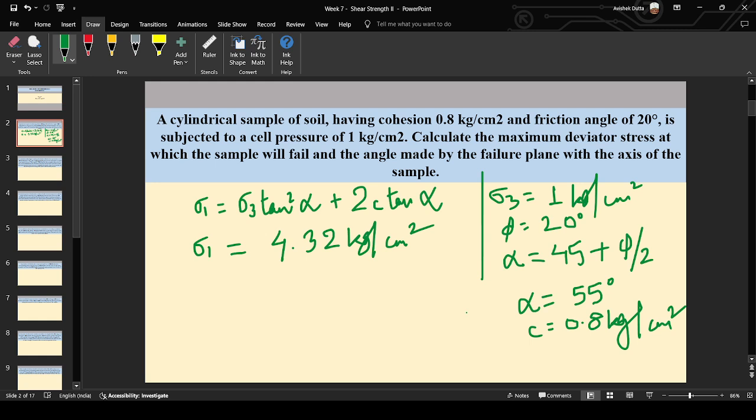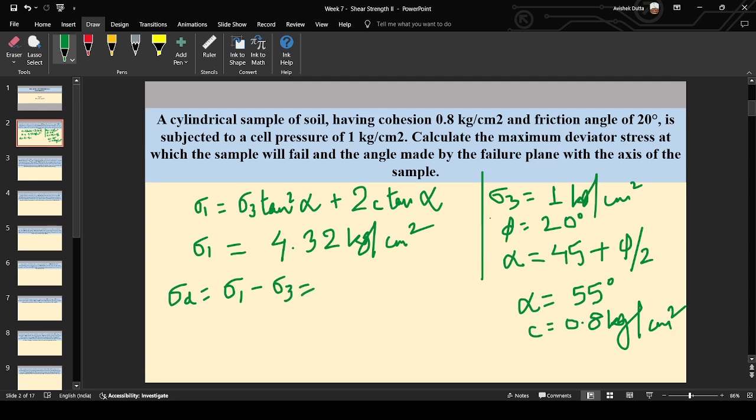Now the deviator stress, the maximum deviator stress at which the sample will fail. So deviator stress means the total axial stress minus the confining pressure, that is sigma 3.